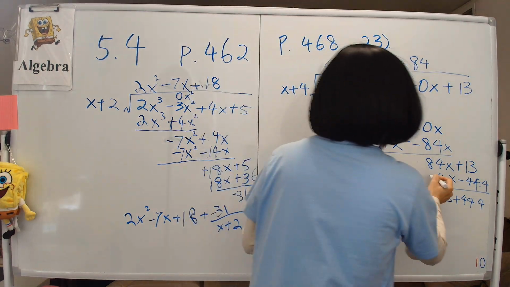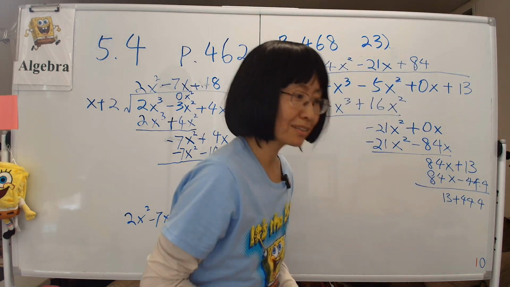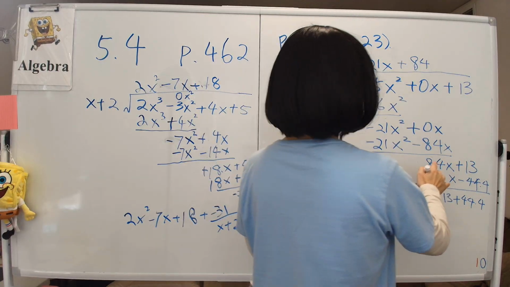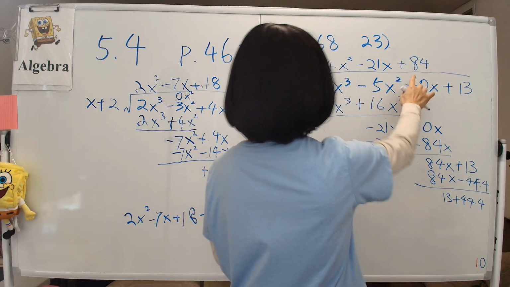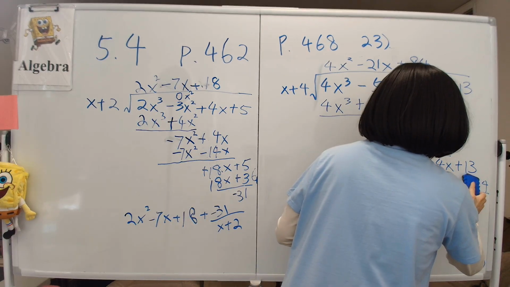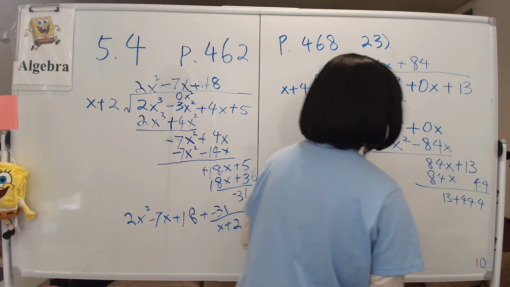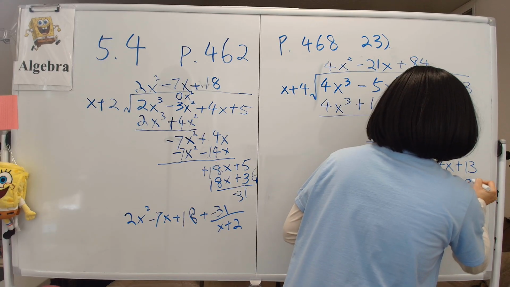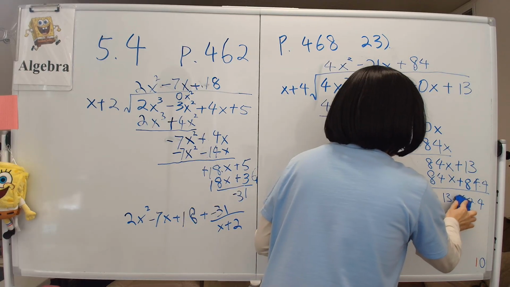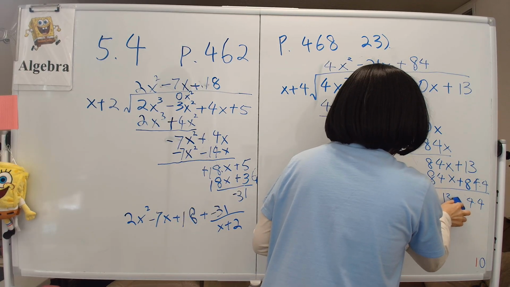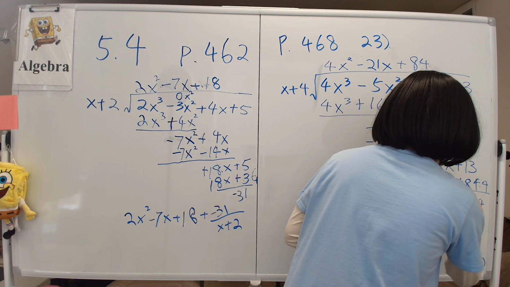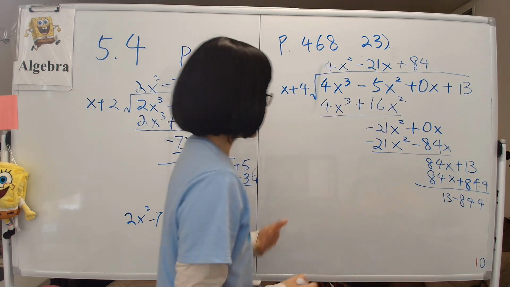Right? All right. So positive 84, at this point, how about I check the answer? Yeah, now I'm getting it right, great. And then drop down the last 4, 84 times 4. So it should be positive 84 times 4. And then this becomes 13 minus 84 times 4, and that should be the answer.